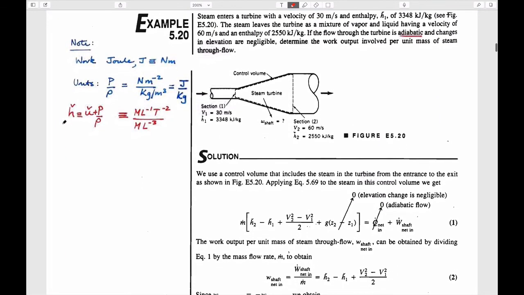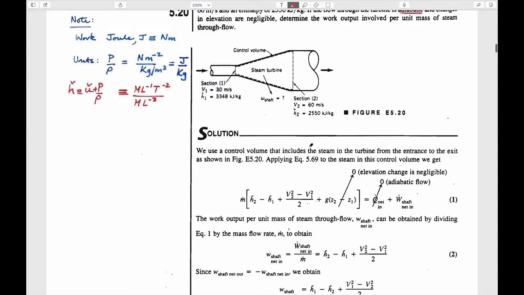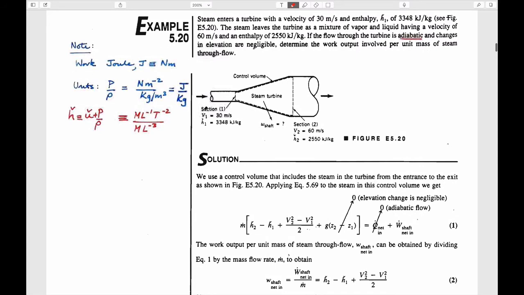We went through this example in class, I think, to be able to do it. You have a fluid going in at some enthalpy, coming out at some enthalpy. You know the velocity in, and the calculation is to figure out exactly what the amount of work recovered or consumed in that is.